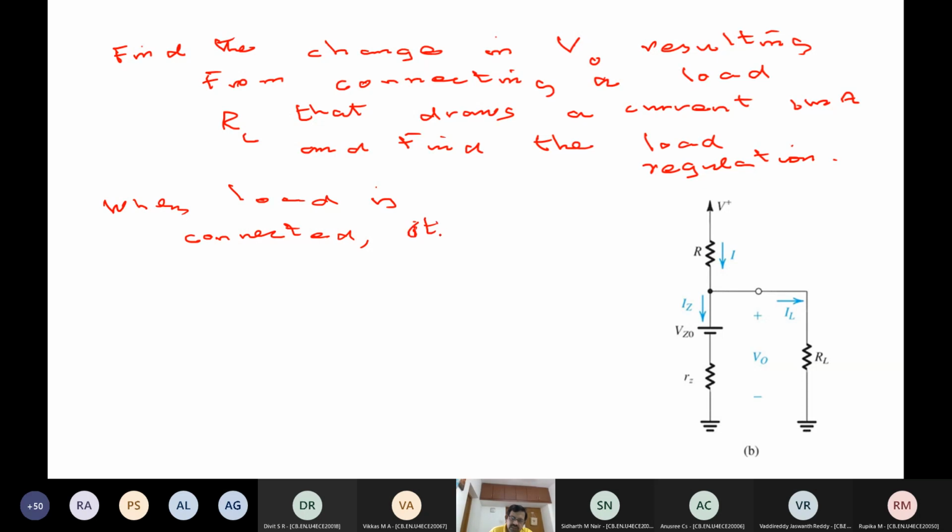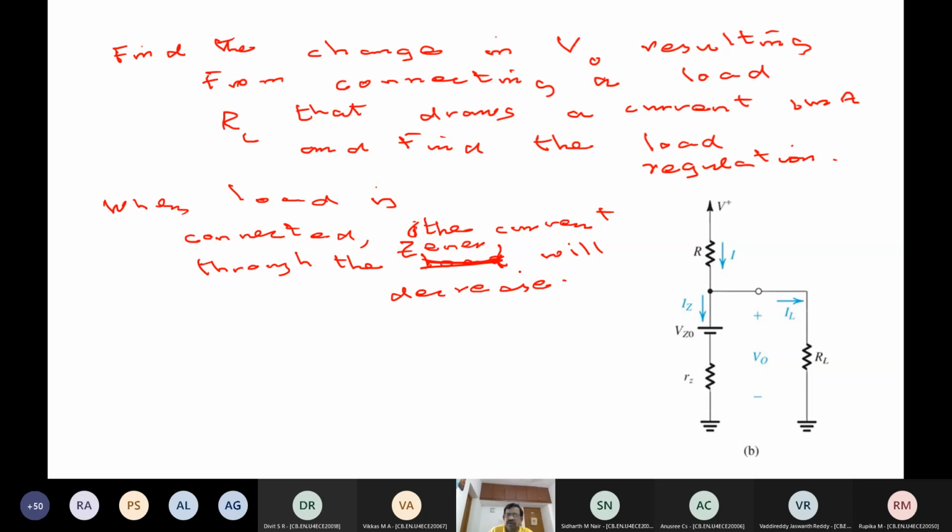Sorry, the current through the Zener will decrease, not the load. When the load is connected, the load draws a current, so that much current will decrease in the Zener.